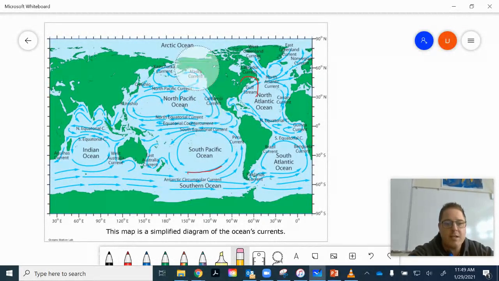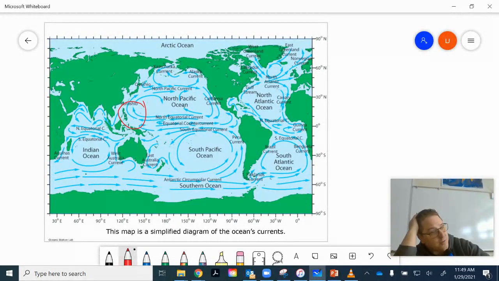Now, we're just going to look at this a little bit together and learn a little bit about ocean currents. Weirdly enough, there was a time where a ship was making its way from China. It was full of tennis shoes, Nikes, and all sorts of stuff. And randomly, as people were walking down the beach of Northern California, all these tennis shoes washed up. And they're going, where the heck are these tennis shoes coming from? You got all these new Nikes washing up on shore.